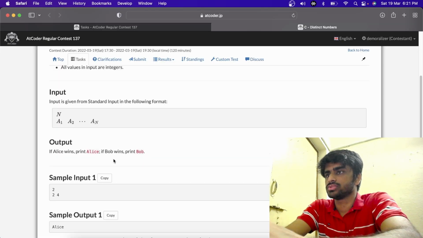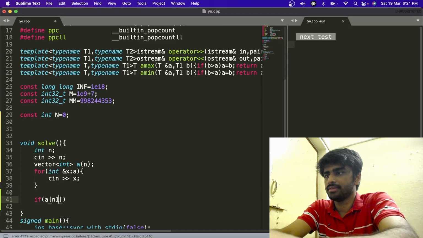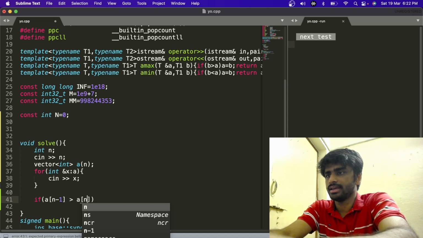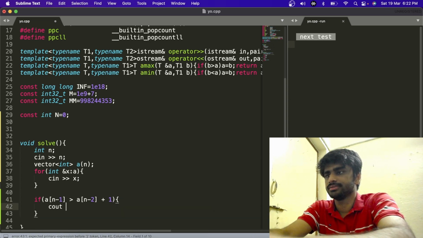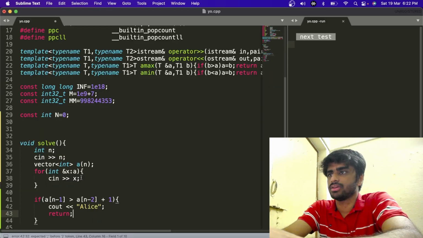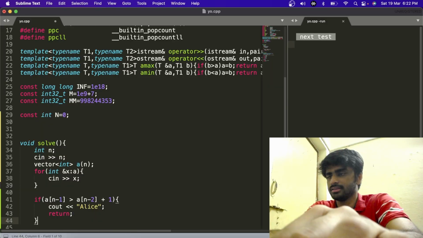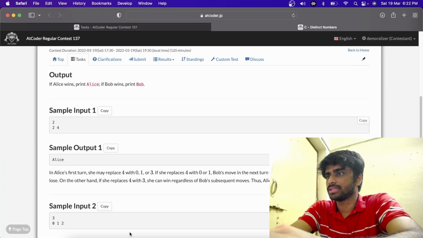Now n is at least 2, right? So if a[n-1] is greater than a[n-2] plus 1, then definitely Alice will win. Because I explained that in the beginning.